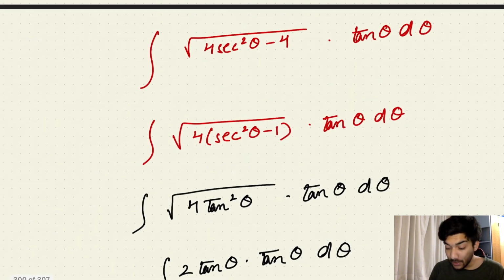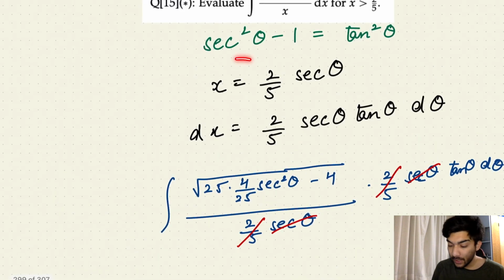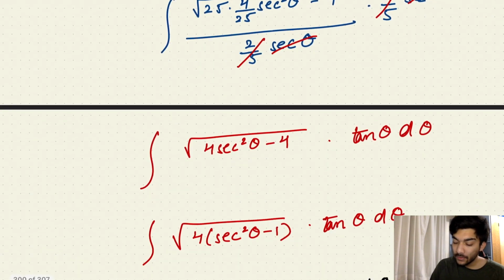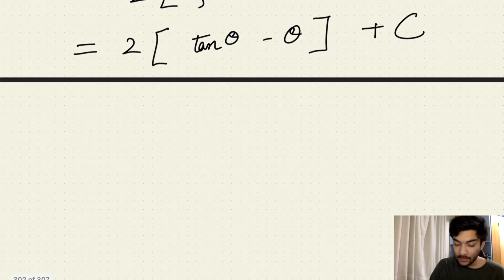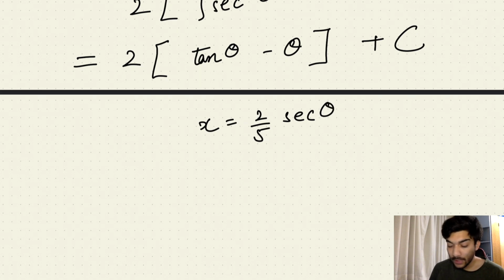But in terms of theta, if you want the final answer to this indefinite integral, you'll have to convert your theta expression in terms of x, right? Since we assumed our x to be 2 by 5 secant theta, we'll use the same approach to solve for tan theta and theta as we discussed in the last videos.